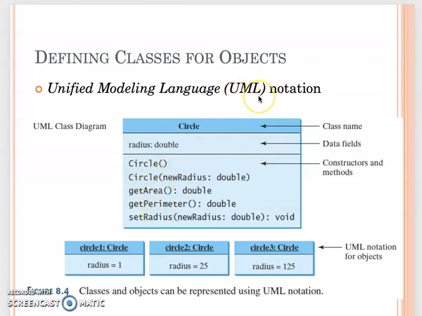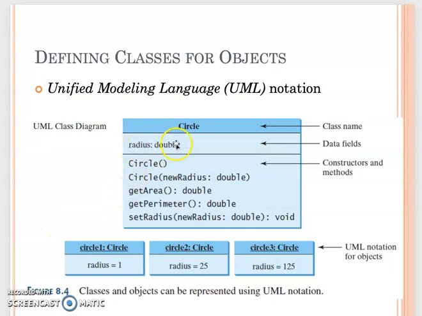In the UML diagram, all the data fields and methods you define, if they don't have the static keyword, we call them instance variable and instance method. So including the constructor method, they are all instance methods.